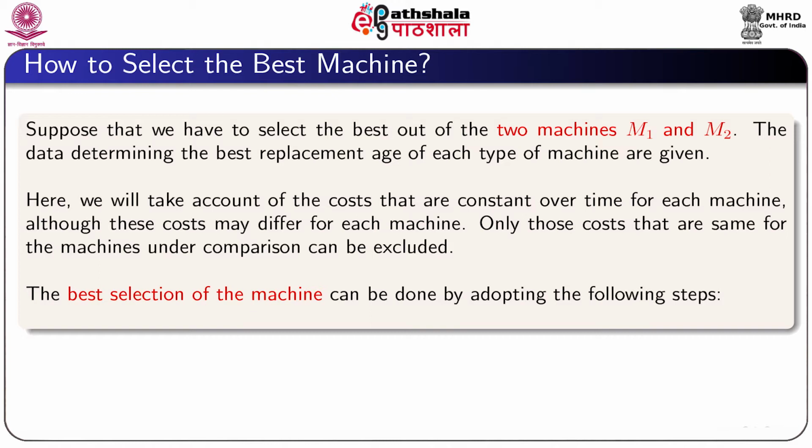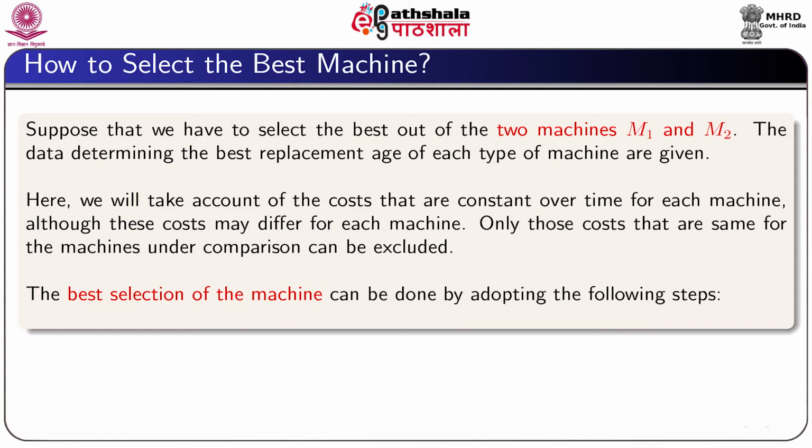Suppose that we have two machines M1 and M2 and we have to select the best among these two machines. The data determining the best replacement age of each type of machine are given.